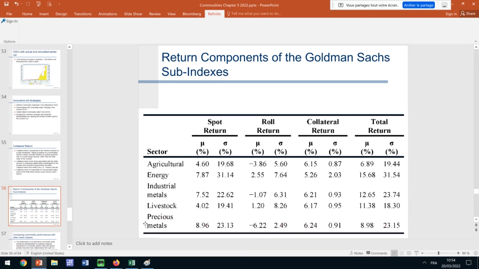That means for precious metals the roll yield and the collateral return will tend to offset each other, so in the end what you are placing a bet on is just a change of the spot price. Then you have the spot returns, which depend just on the scarcity of the commodity, but the substantial part of the total return is this roll yield, which for some commodities can be quite high or quite negative.